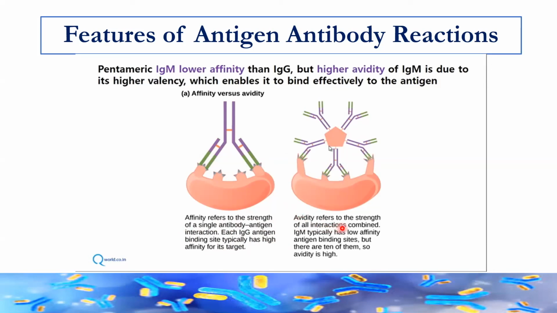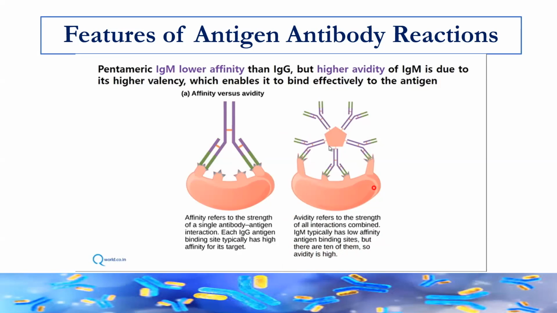Whereas avidity refers to the strength of all interactions combined. IgM typically has a low affinity antigen binding site. This does not fit as well as IgG. So it has a low affinity at the binding site, but there are 10 of them, so avidity is high.